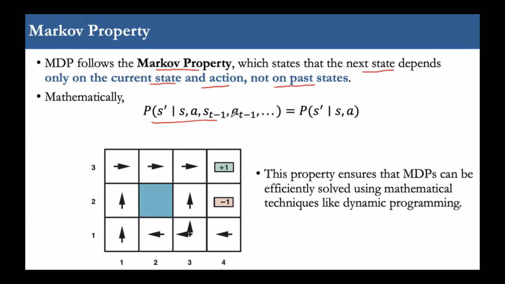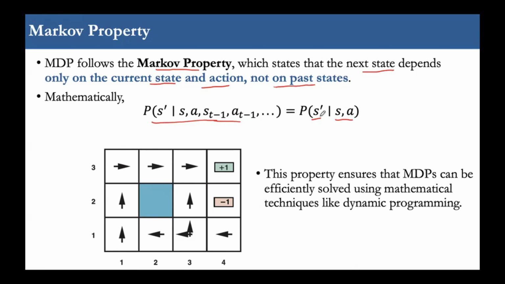S t minus 1, A t minus 1 are the previous actions. Whatever the previous actions have been, the Markov property says that MDP follows only the current state and its action. The current state and its action give you the next state.